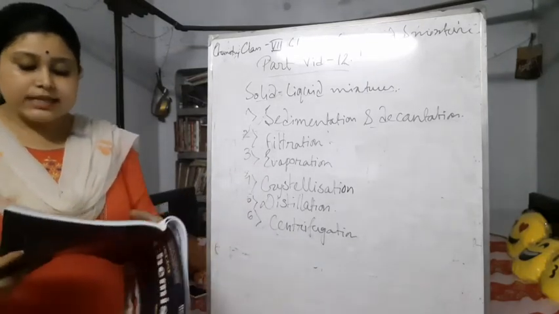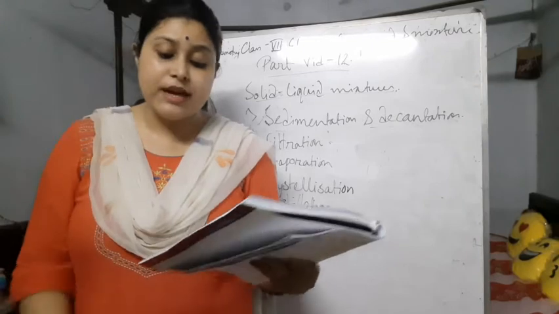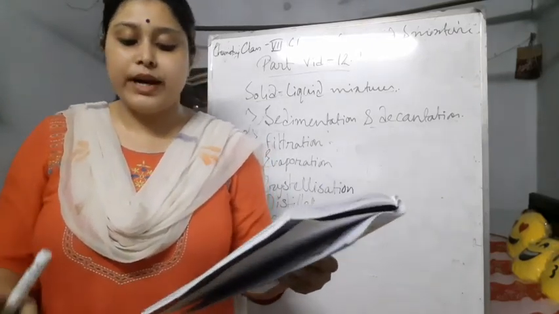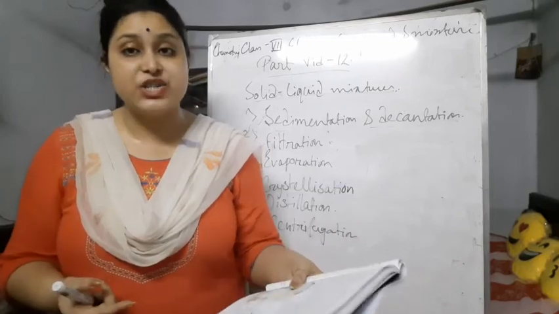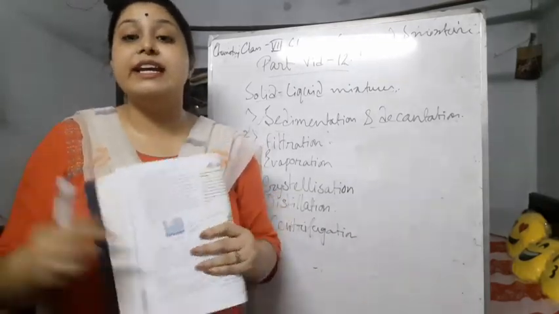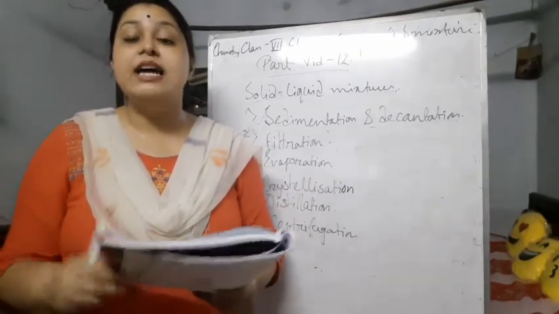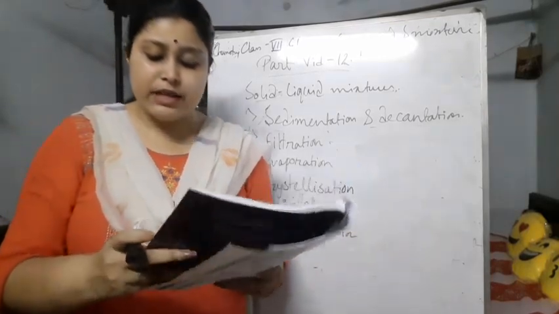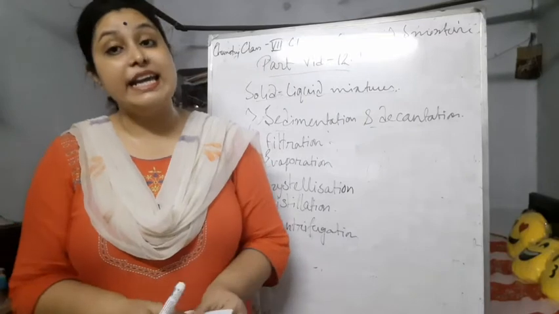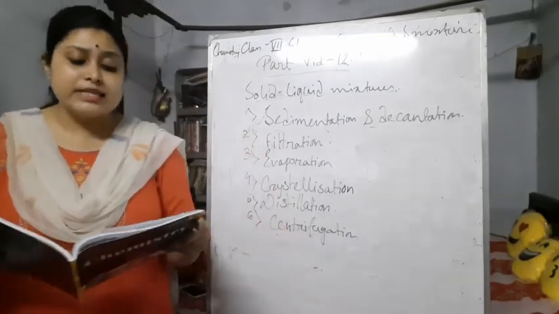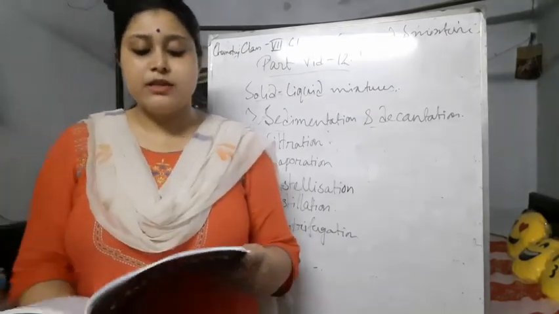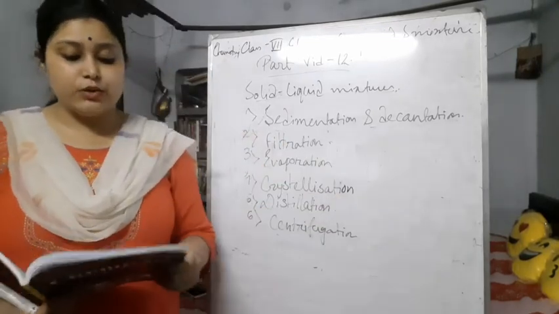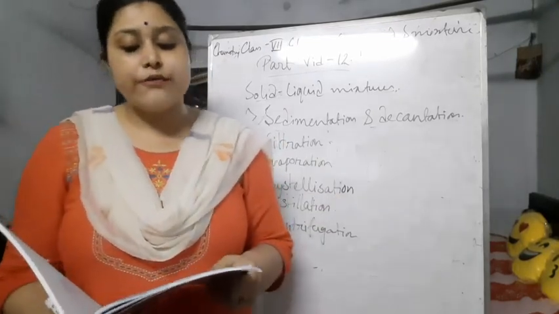So what is evaporation? Evaporation is the process of converting a liquid into its vapor state. It is the procedure by which the state change occurs, either by exposing it to the air or by heat. This method is used to separate the components of a homogeneous solid-liquid mixture, like salt from seawater.